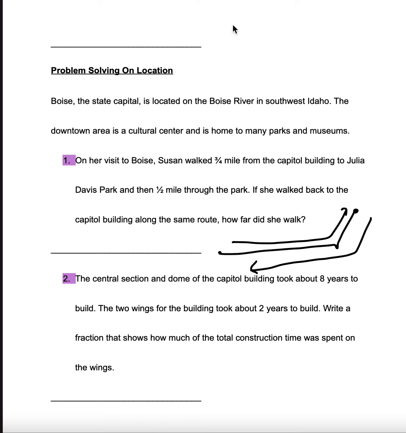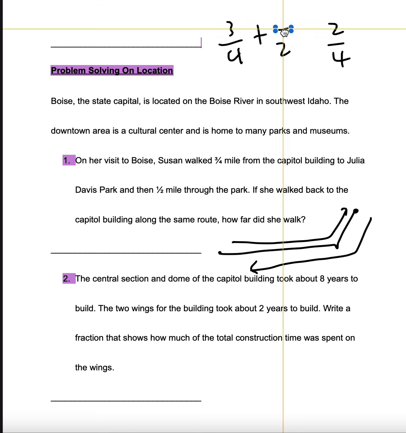So we'll do 3/4 plus 1/2. So we can change the 1/2 to 2/4 to make a common denominator. So instead of 1/2, we'll be using this instead.